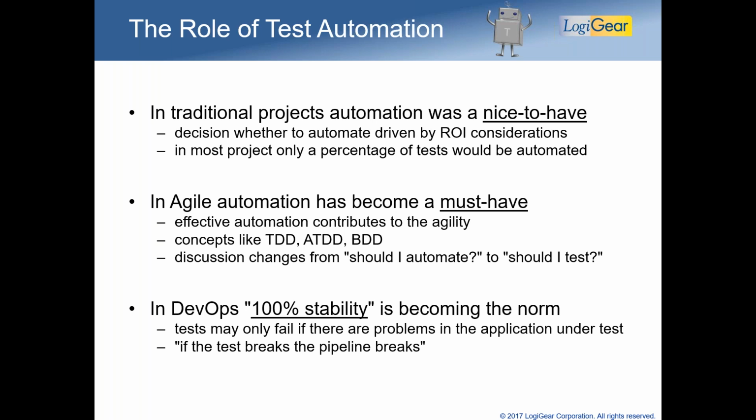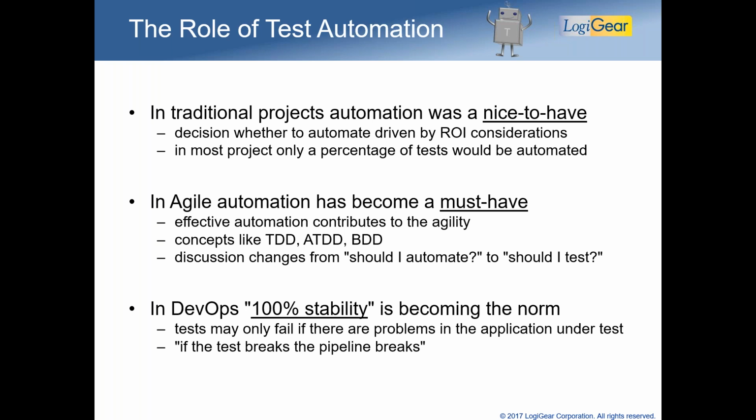What I noticed when Agile came along, you got things like test-driven development and acceptance test-driven development, and most of all also BDD, behavior-driven development. You see that automation becomes more of a must-have to make the sprints go well and to remain agile, meaning you can quickly make changes to a system.